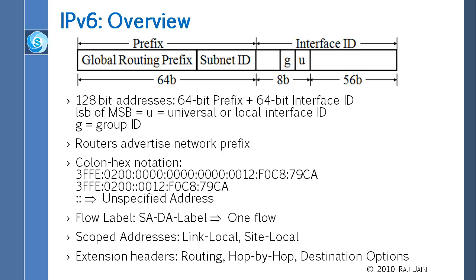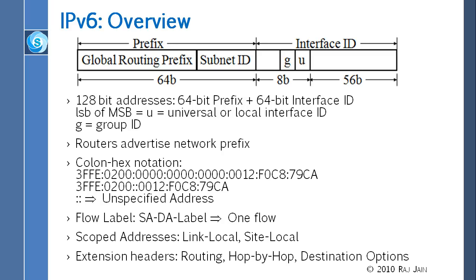So in V4 we use decimal, and between those decimal numbers we put a dot, right? Actually the dot reminds you that this is a decimal number because dots are used in decimal numbers. Here it is hex and it is colon. So when you see a colon, you know that this is an IPv6 address written in hex. So even though a number could be 0, 1, 2, you know that this is a hex number and not a decimal number.